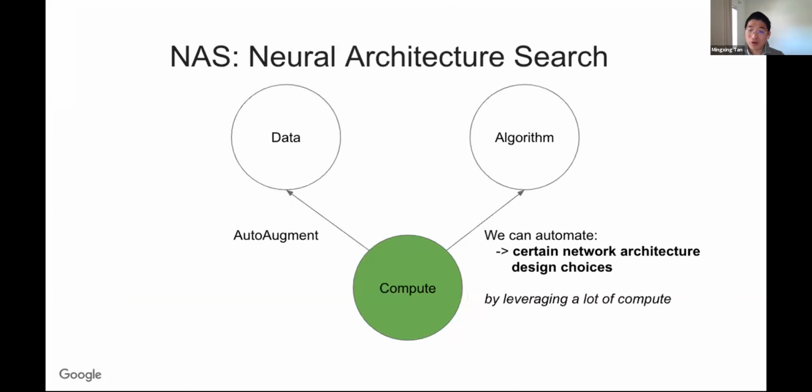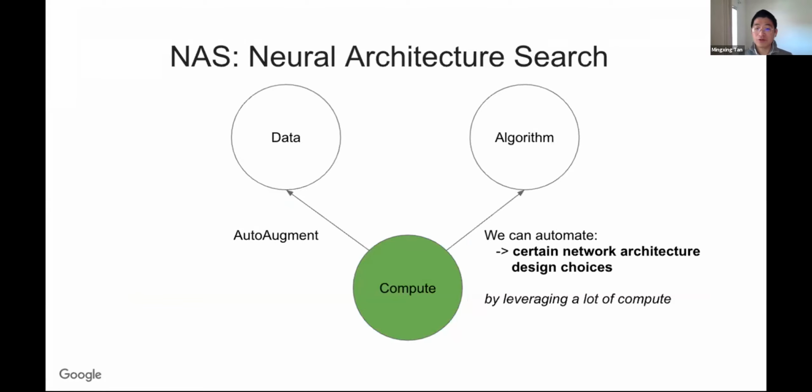So what exactly is AutoML? Well, this AutoML concept is very broad, but in general, it means maybe we can leverage a lot of compute to automate some of the work in collecting data or designing neural networks. In terms of data, my colleagues designed some algorithms like AutoAugment, or there are also some recent work on self-training and self-supervised training.